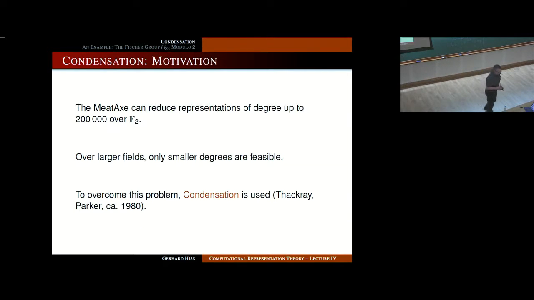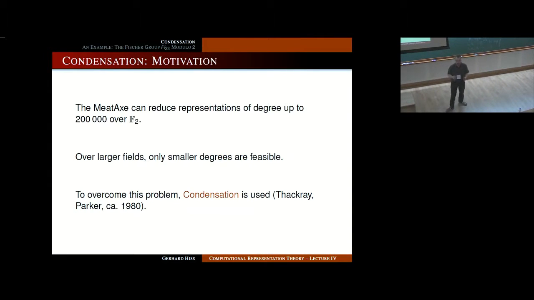So there should be a way of condensing these large matrices in a certain sense, such that you can still apply the MeatAxe to the condensed matrices and get back the same information you want.